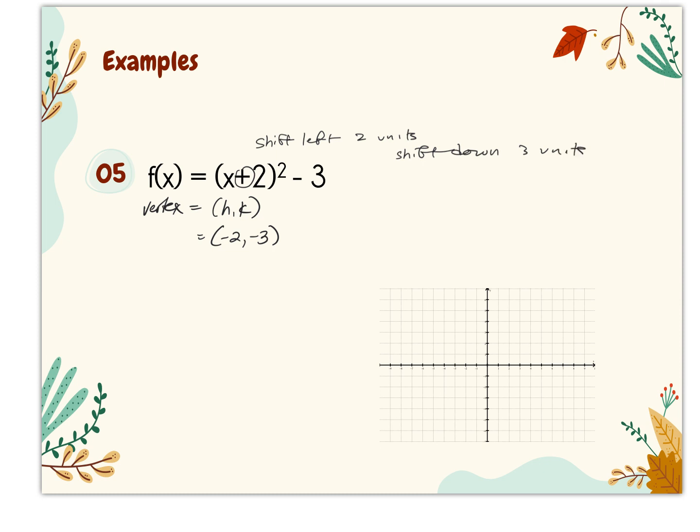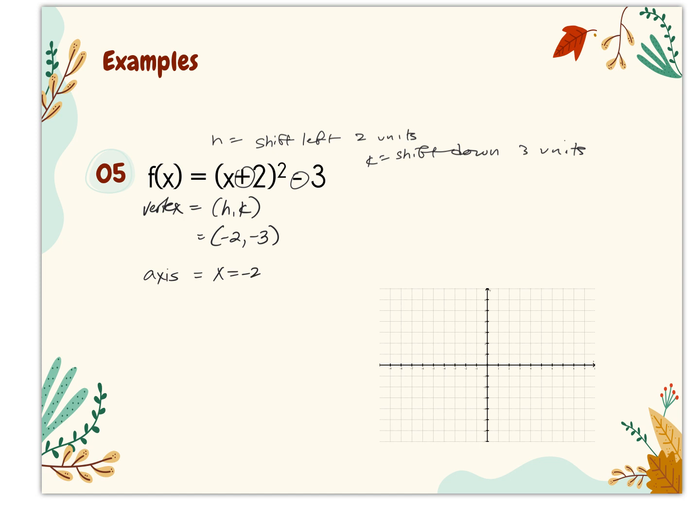So remember, the K is as is, and the H is going to be opposite what it appears, okay? And so I know my H is the opposite of +2, which is -2, and my K is as it appears, so it's -3. So my axis of symmetry is going to be X equals -2.